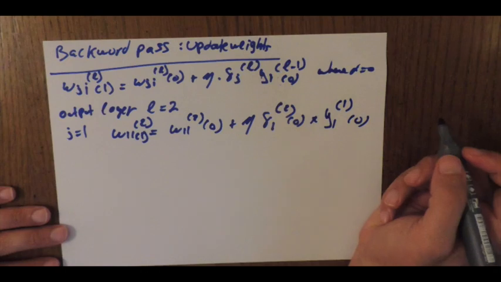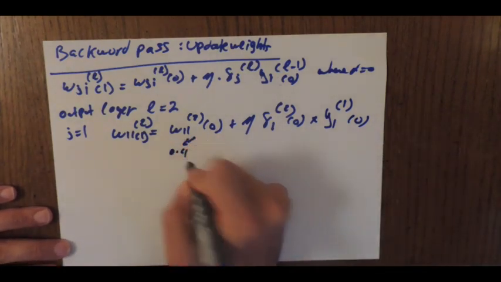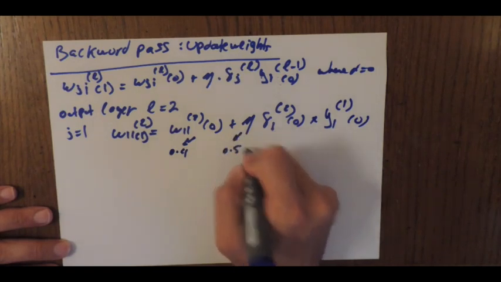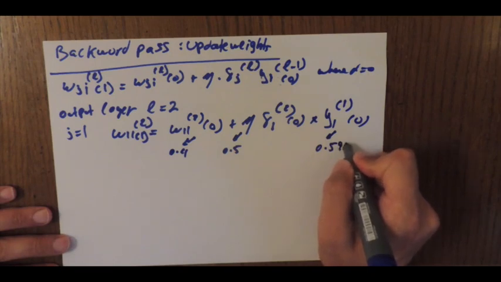So let's see what we have. This is the previous weight, this is equal to 0.4. This is the learning rate, equal to 0.5, and this value is 0.5932.